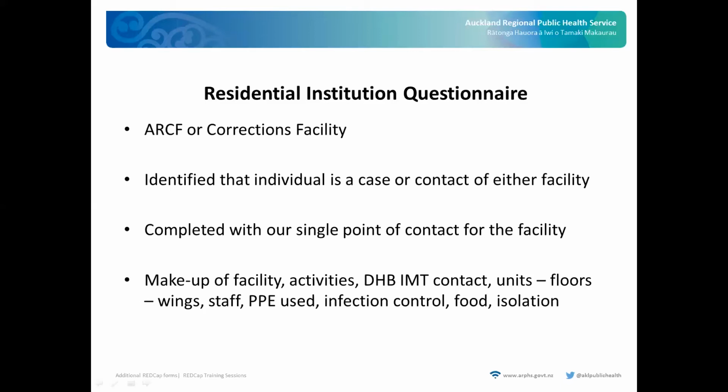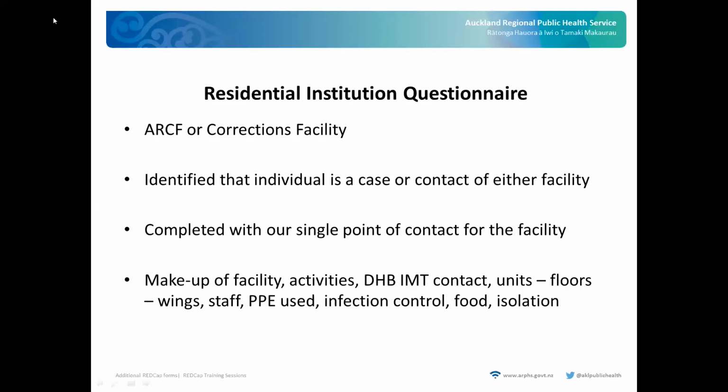This form is only to be used if it is identified that the individual is either a case of a residential institution or a contact. Contacts being contractors that may have come in and contracted COVID-19, staff members, other residents, and possibly family members as well.